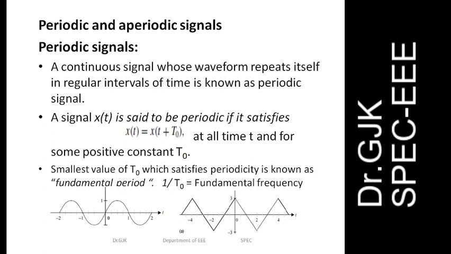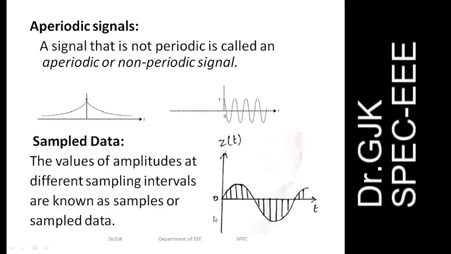So the sinusoidal signal is the best example of a periodic signal, and it also has to satisfy the mathematical equation x of t is equal to x of t plus T naught, where T naught is a positive constant called the fundamental period of the waveform. The inverse of this fundamental time period is known as the fundamental frequency. The sinusoidal and triangular waveforms are examples of periodic signals.